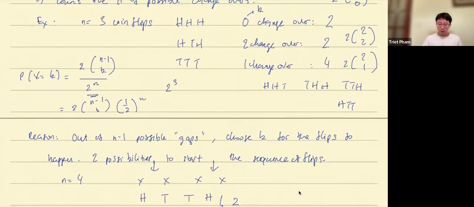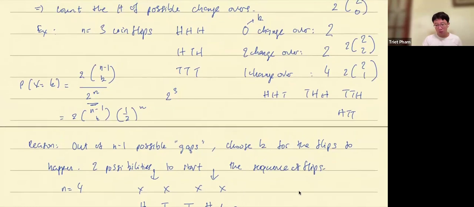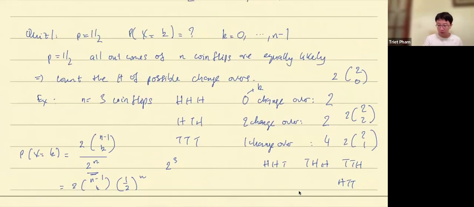So once again, this is easy or doable when p equals 1/2. You should really contemplate what happens when p is not 1/2. Then my counting argument still works. The number of ways for changeovers to happen is still this.